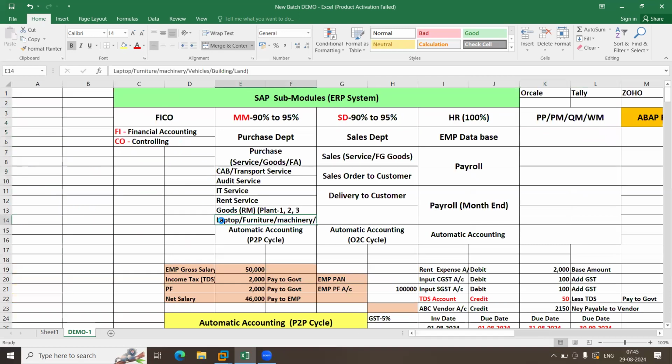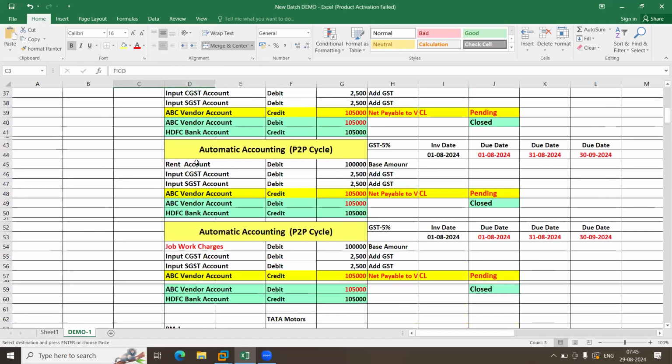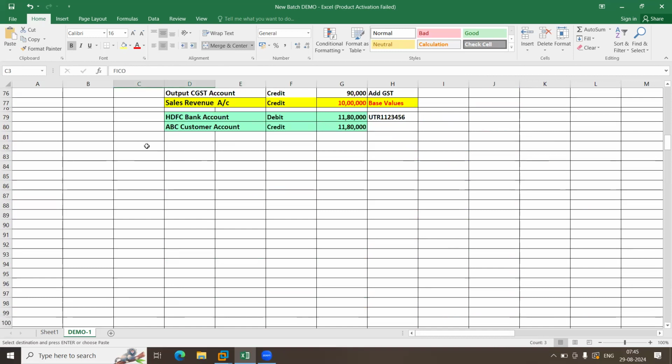Then, coming back to our core module, FICO. Under FICO also, there are so many submodules.